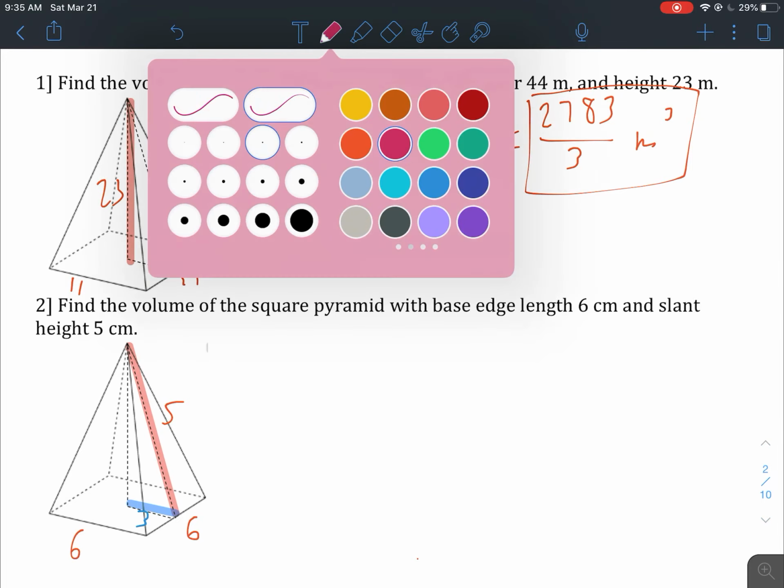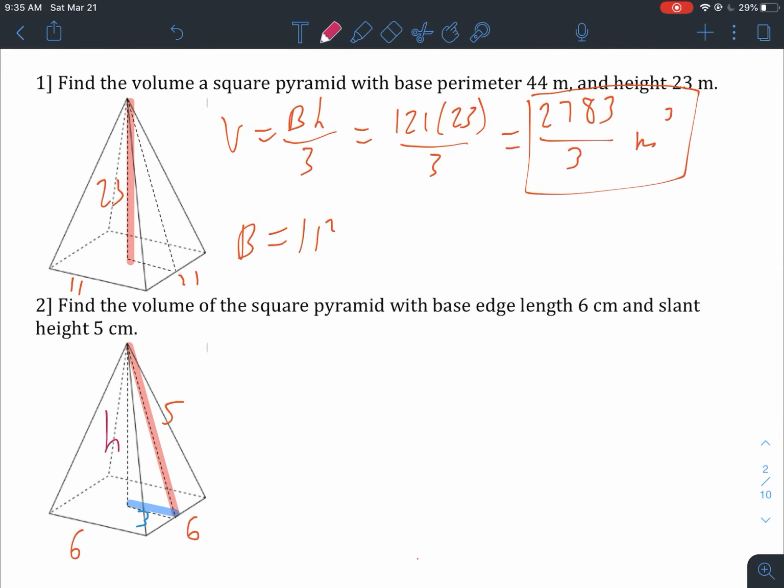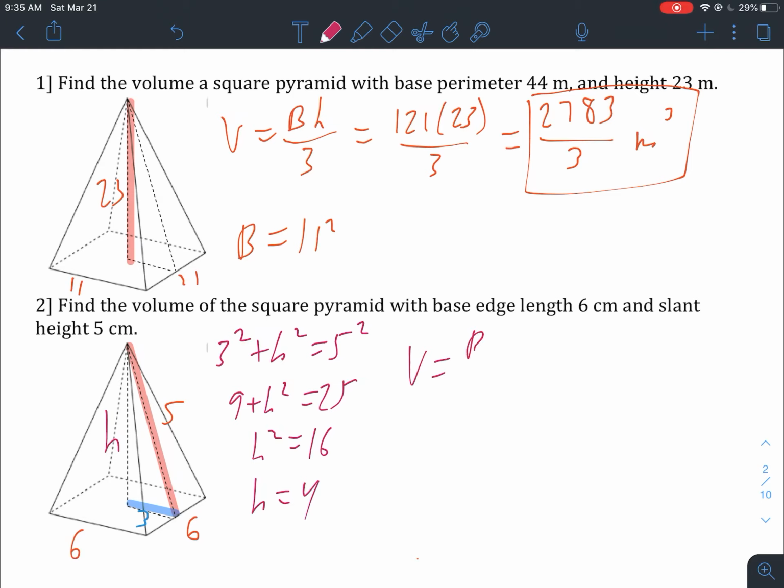So in order to get the height, all we're going to do is the Pythagorean theorem. 3 squared plus h squared equals 5 squared. Just working through that, we get our height to be 4. So now we have everything we need. Volume equals base height over 3. Our base is just 6 times 6, so 36.